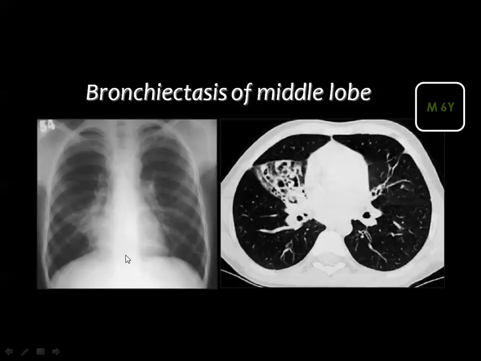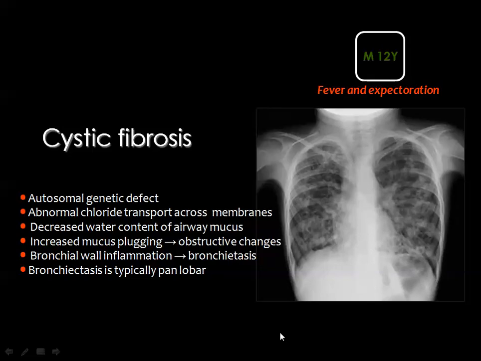Here also you see a middle lobe consolidation, which is seen in the right paracardiac area, and the CT image showed that the consolidation contains ectatic air bronchogram. You see that the bronchi are significantly dilated, denoting the presence of associated bronchiectatic changes.